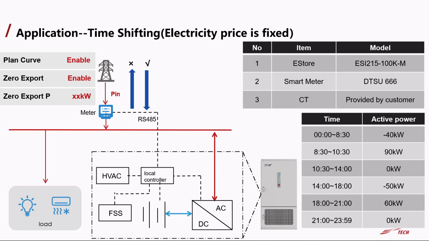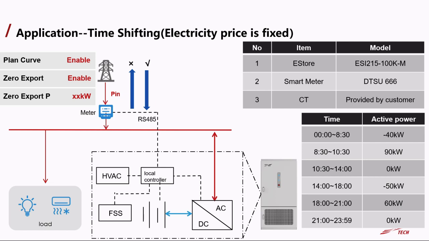And we can also enable the zero export function because, as I said before, there is some requirement of limitation on the power the renewable energy system can inject to the grid. So in order to limit the power injected to the grid, we have the zero export function. There is a smart meter to detect the power flow direction.